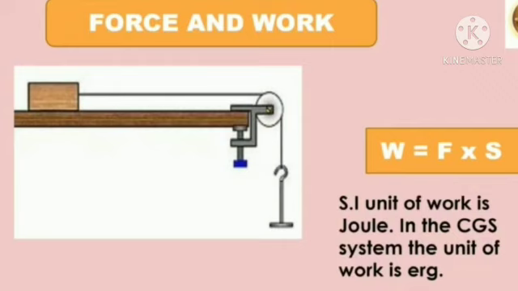W is work, F means force, S means displacement. In the SI system, the unit of work is joule, J, while the unit of force is Newton, N, and the unit of displacement is meter, m. In the CGS system, the unit of work is erg.